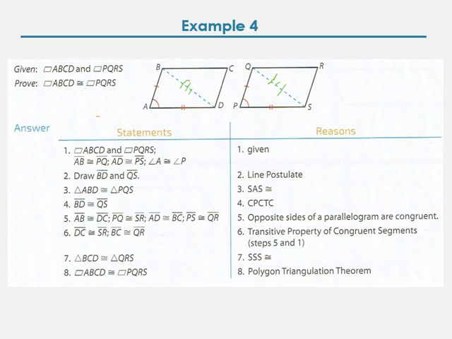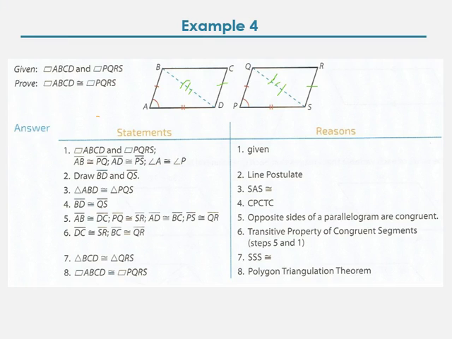And now we can state all of our segments of our quadrilaterals. So AB is congruent to DC. And PQ is congruent to SR. AD is congruent to BC, and let me change colors.